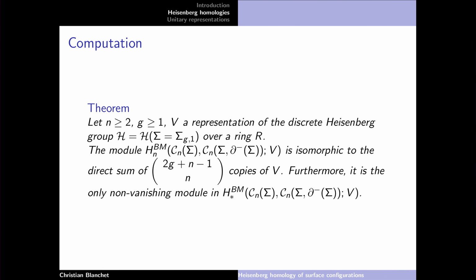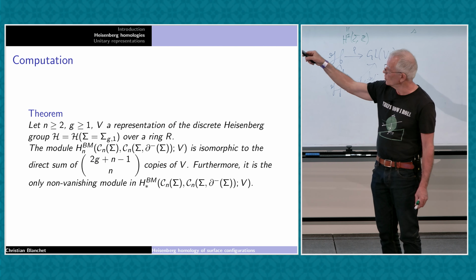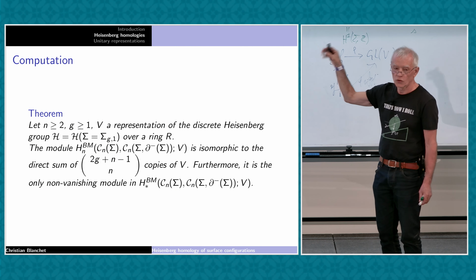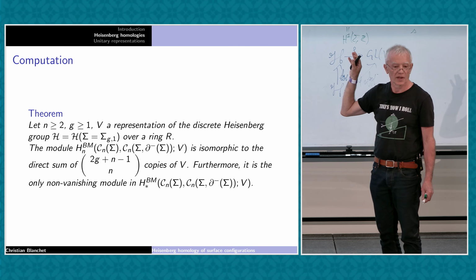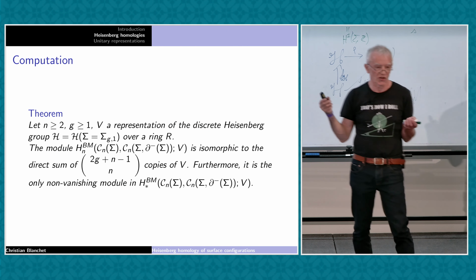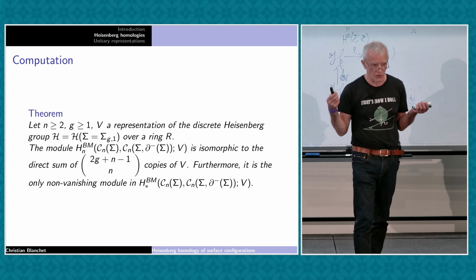If n is greater than 2, g greater than 1, V a representation of the discrete Heisenberg group of a ring R, then this Borel-Moore relative module with coefficient in the representation V is isomorphic to the direct sum corresponding to the number of partitions of n in 2g parts. And I know an explicit description of the basis.